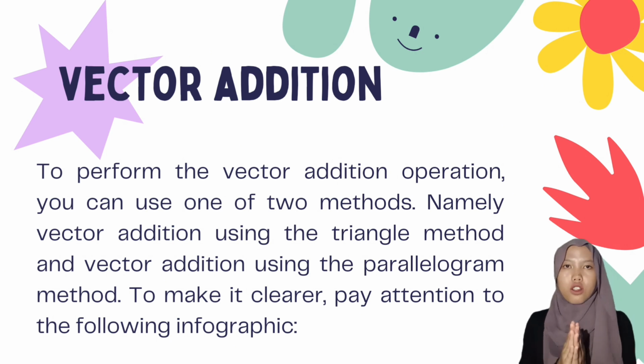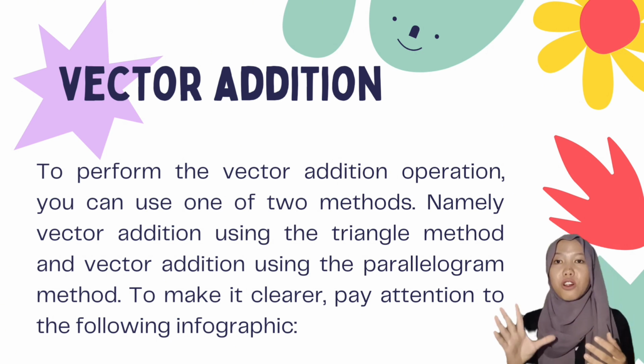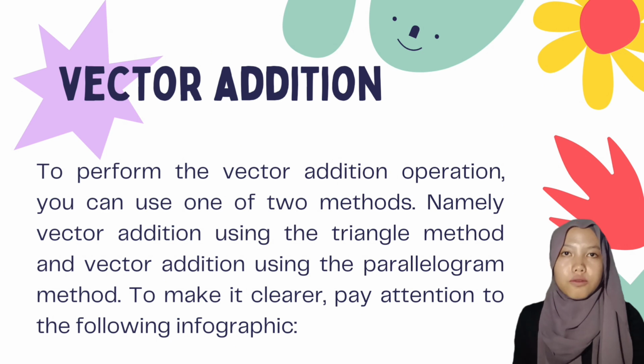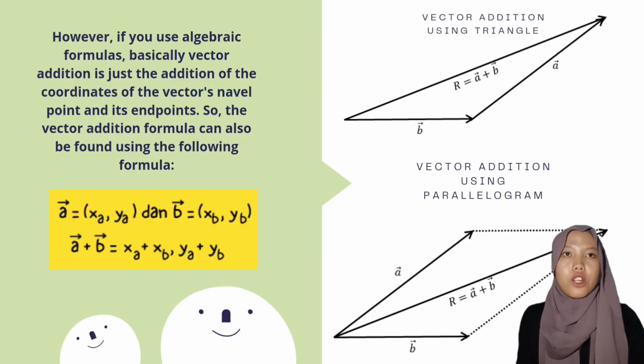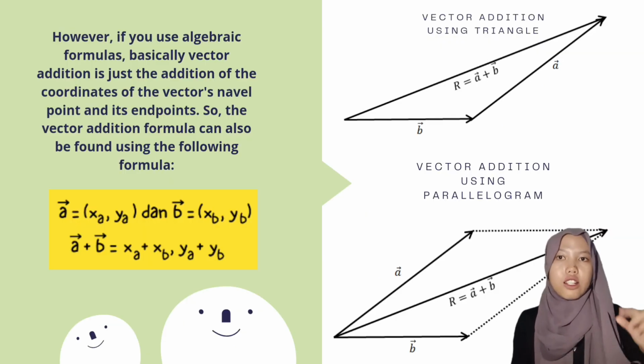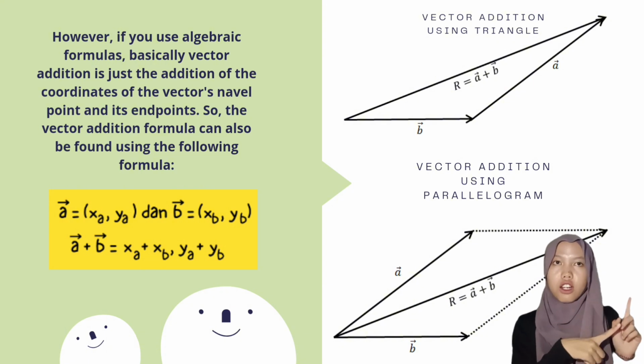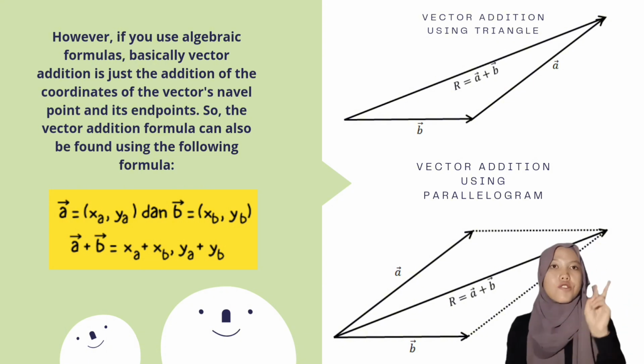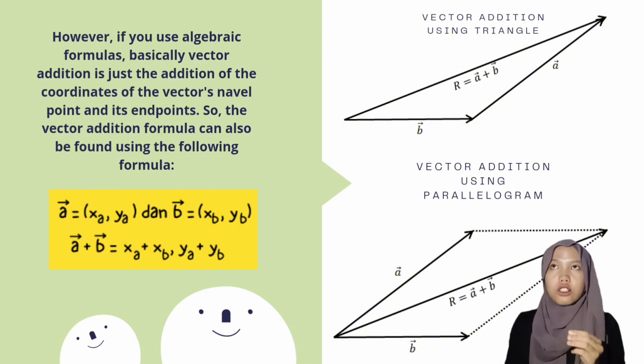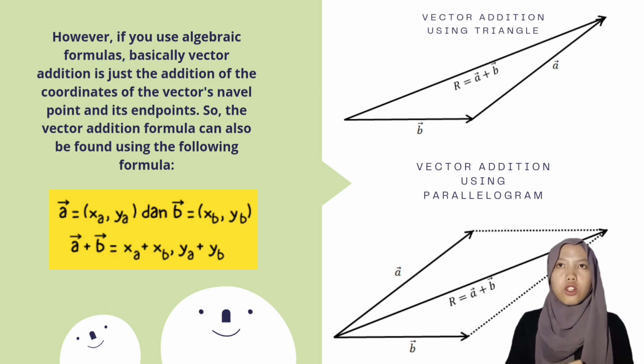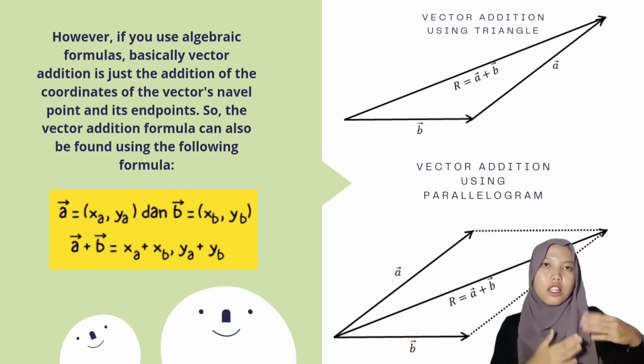To make it clearer, pay attention to the following infographic. Vector addition using the triangle method is like this picture. If two vectors are added, the result is the resultant vector.